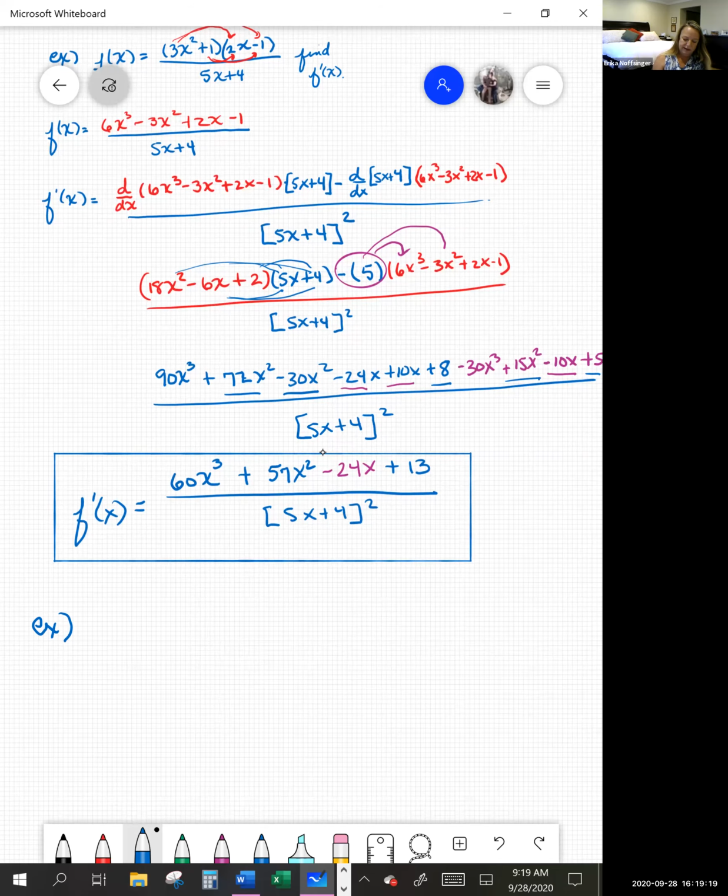So you're given information about functions evaluated at particular values. g of 3 is 4. g prime of 3 is equal to 5. f of 3 is equal to 9.